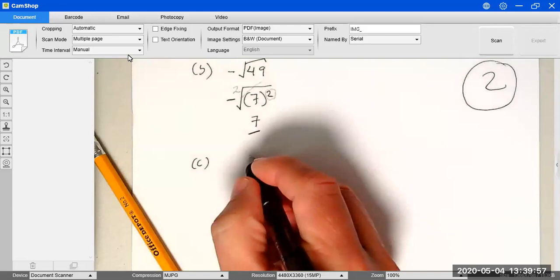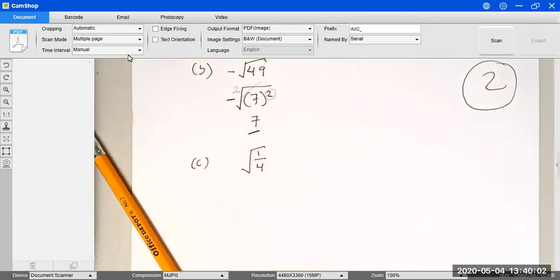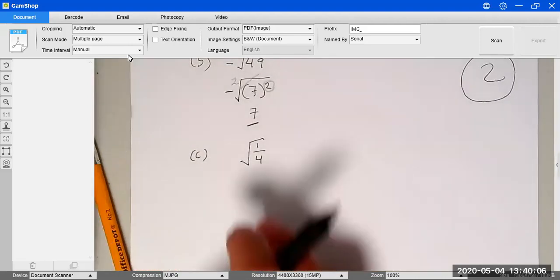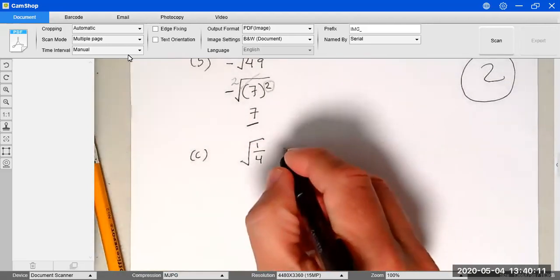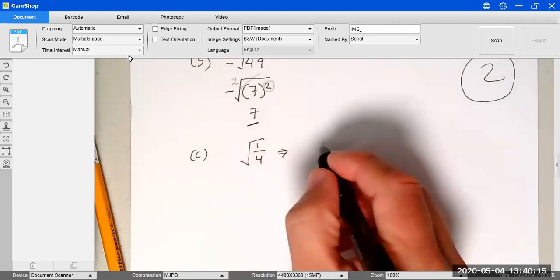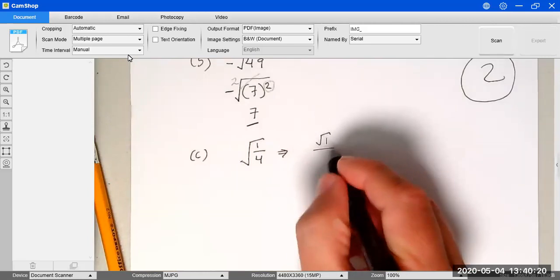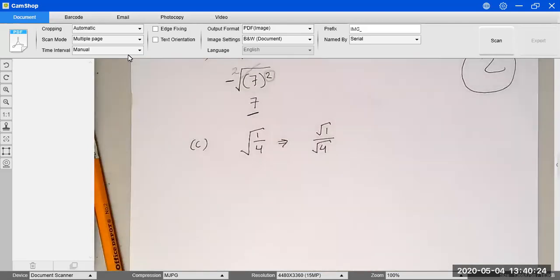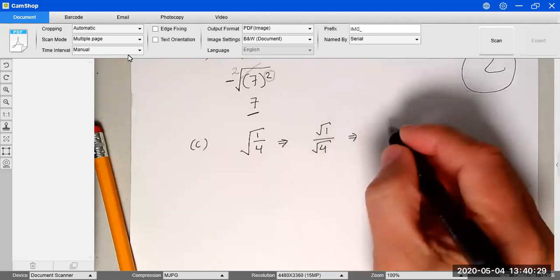We have part C, which is the square root of 1 over 4. We can break this fraction, or distribute the radical sign, in the following way: take the square root of 1 and the square root of 4. That's one way. Then you rewrite the radicands as perfect squares.